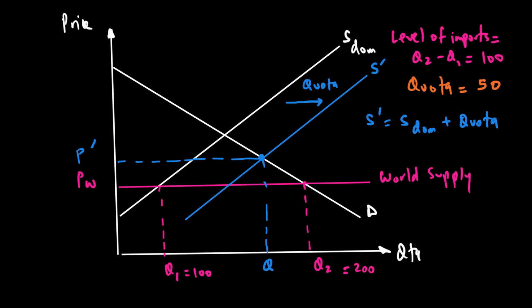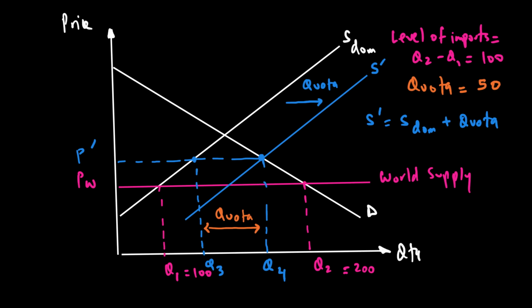In fact, let's call it Q4, and Q3 is my domestic production. So just like tariff, Q4 minus Q3 is my level of imports, and we know this is our quota. So by restricting supply, we are ultimately having the same result.